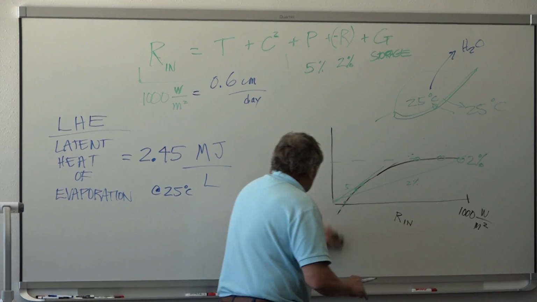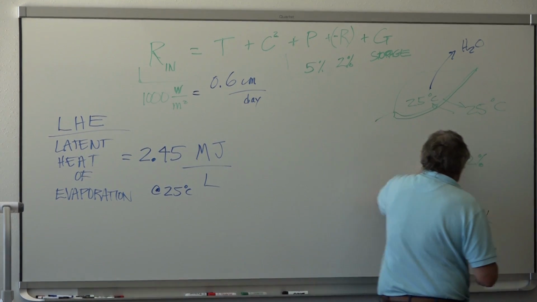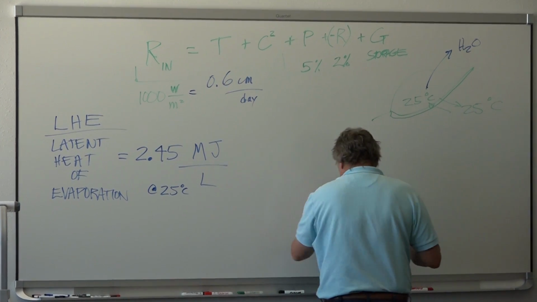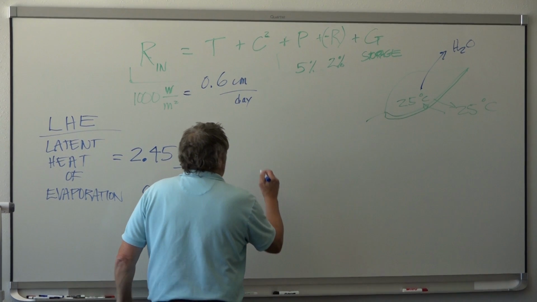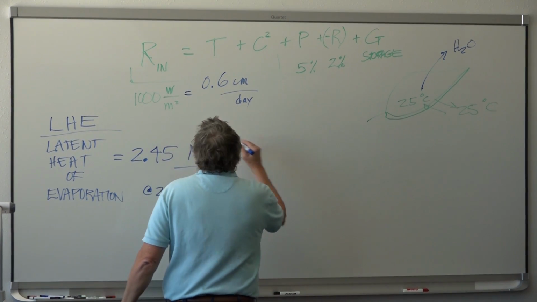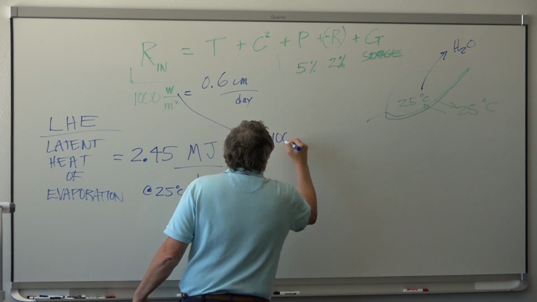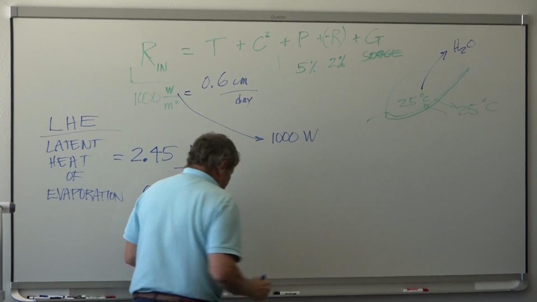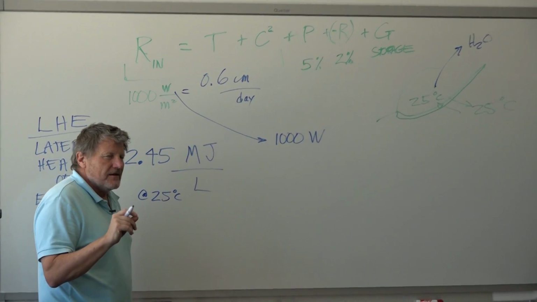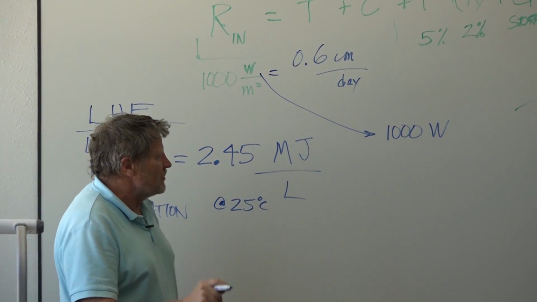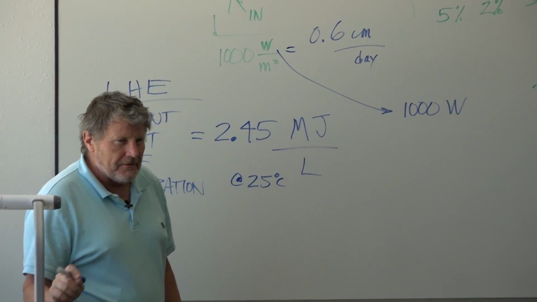Now I'm going to erase my photosynthesis. And we're still talking about our leaf. So, 1,000 watts is coming in. Now this is a real simple physical principle, but it trips people up a lot.